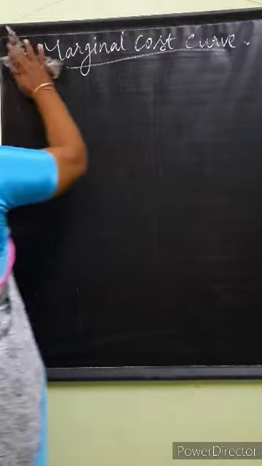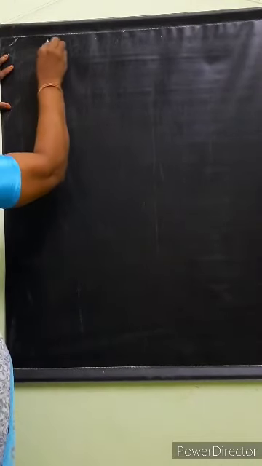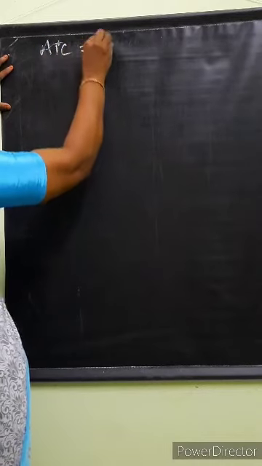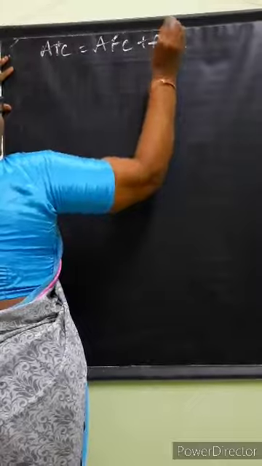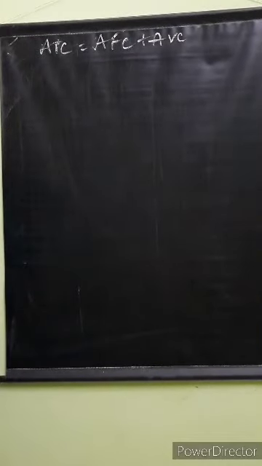Sorry girls, before that we will learn the tabular column. ATC is equal to AFC plus AVC. They have given a tabular column in your book. See the tabular column.